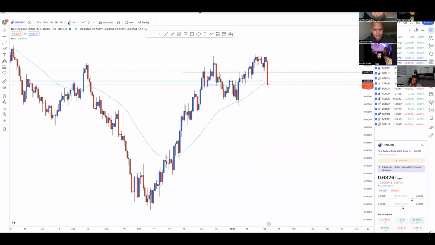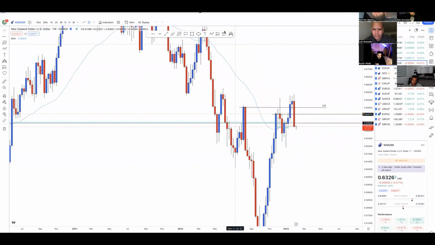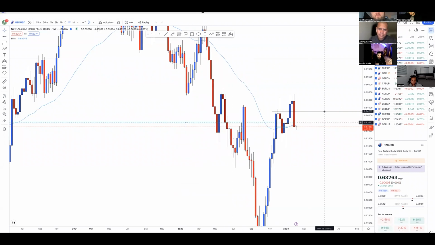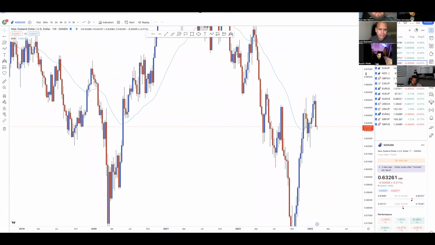If you notice, the weekly is bullish, so we're obviously at the level where we can potentially create the higher high. So let's take this off. Let's take that off. Extend this a little bit.